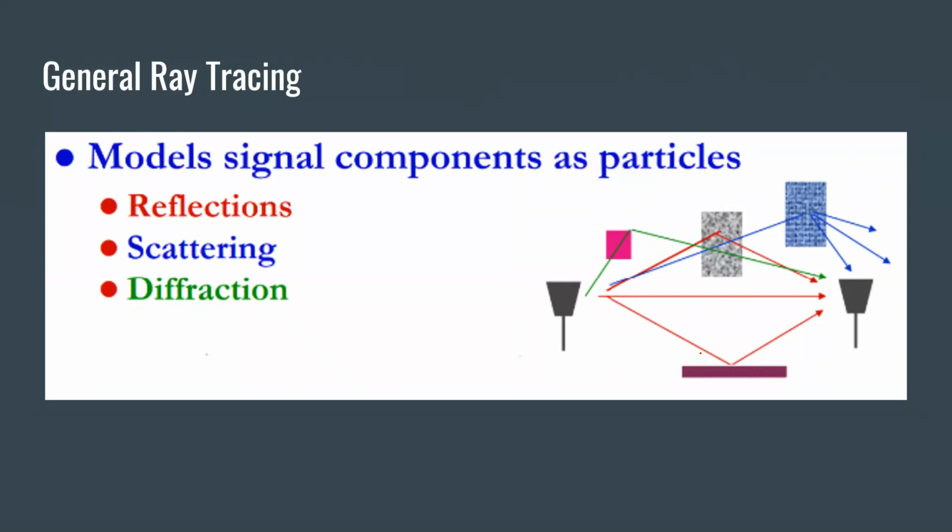The red lines are reflections, the blue lines are scattering, and the green lines are diffraction. Here we can see that there are many ways for signals to be propagated and then received by the receiver. For example, scattering can scatter the transmitted signal into many different other signals, and they can still be received by the receiver.